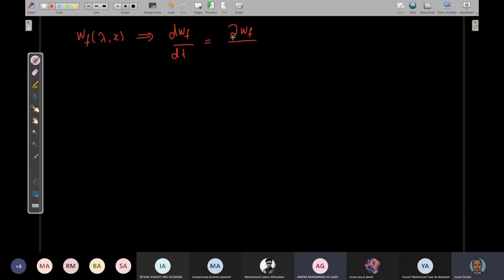So the first is partial omega f by partial x, partial x by partial t, when lambda is constant, correct? This is the condition of the chain rule. Can I do the partial derivative without assuming the other variable is constant? I cannot.